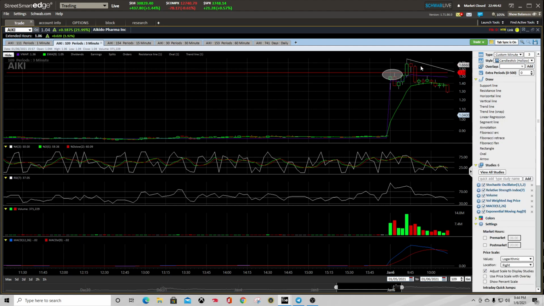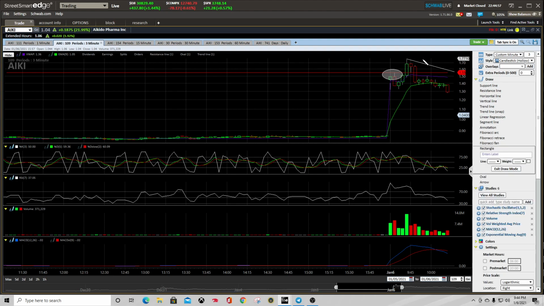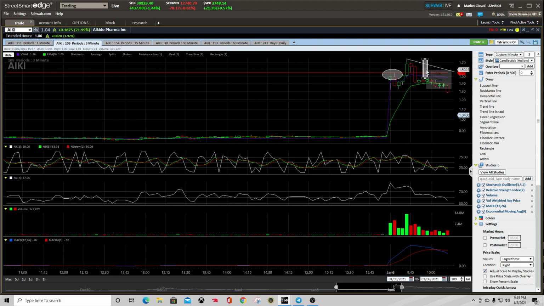This is a bullish setup. Normally the stock consolidates here and then it shoots up. This did not happen. I was expecting to see something like that after it broke through the consolidation, but that did not happen.